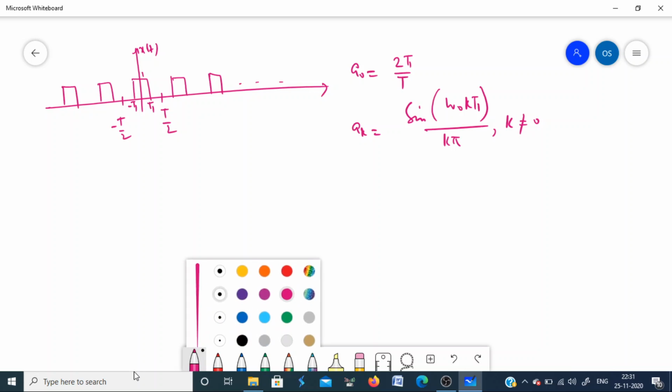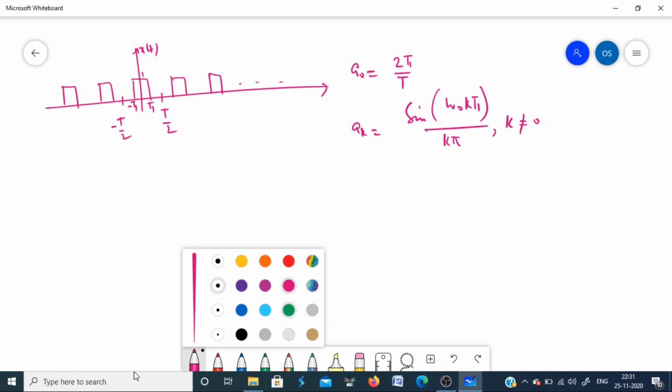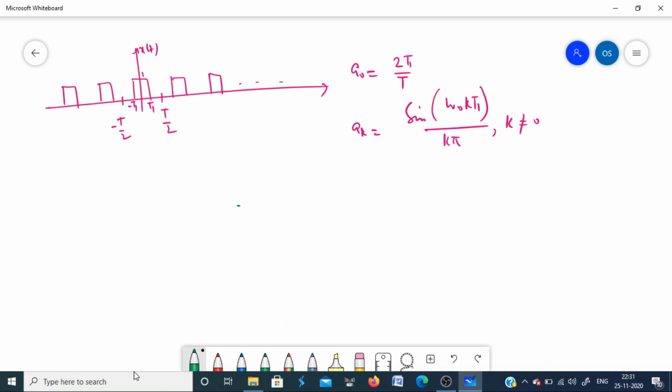Now we take some specific example here. Let us suppose I take a case where your t is 4 times t1. Okay, t is 4 times t1.